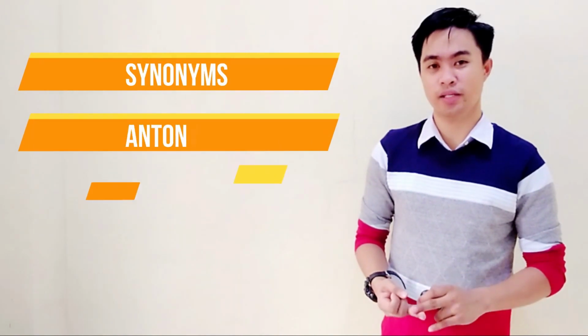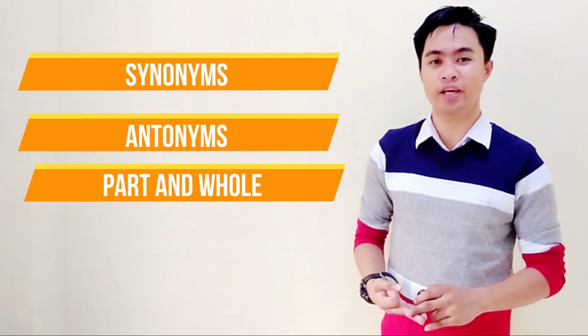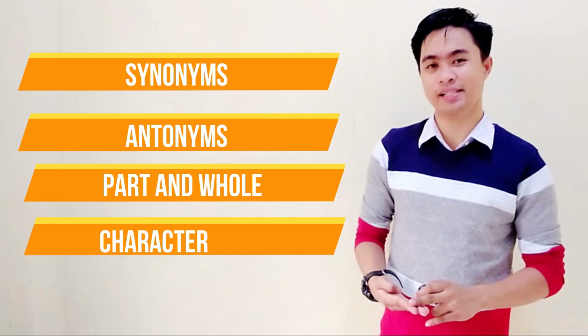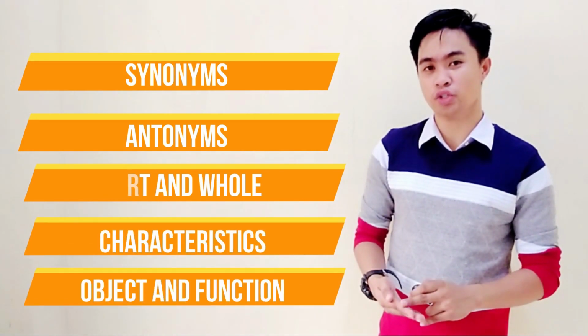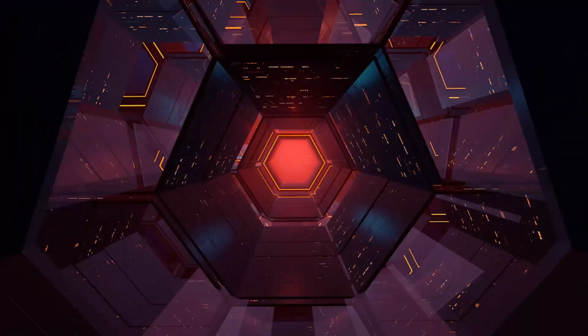We have the synonyms, the antonyms, the part and whole relationship, the characteristics, and the object to function or purpose analogy. I hope you did not skip even a single second because we have some exercises and challenges ahead. Are you ready? Let's begin our first game.